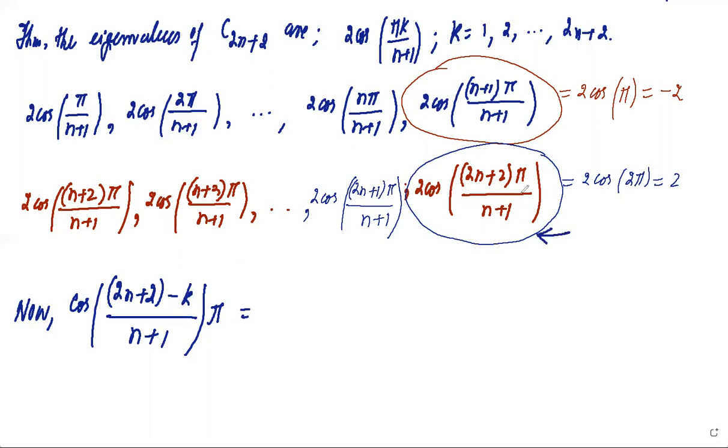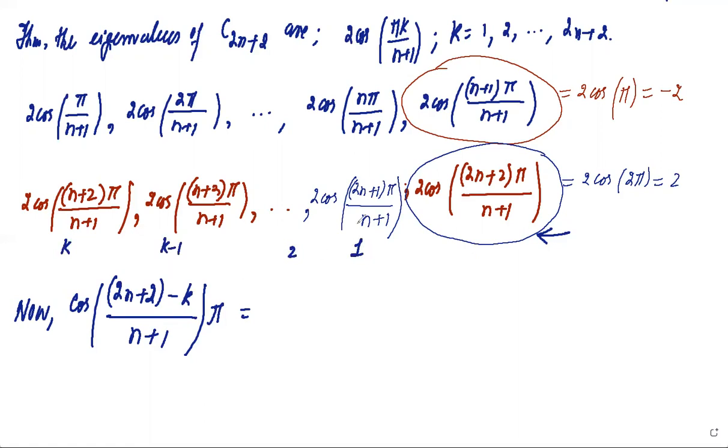When k is equal to 1, this gives us this eigenvalue. For k equal to 2, this gives us the second eigenvalue in this list, excluding these two. So this is the first eigenvalue in the reverse order, and then we have the second eigenvalue. This will be the k minus 1 eigenvalue, and this will be the eigenvalue number k in the reverse order.